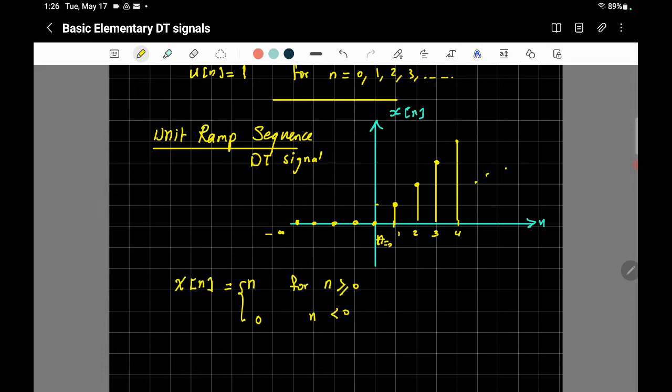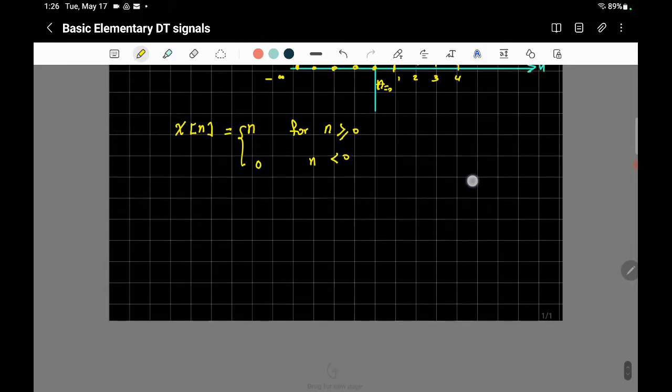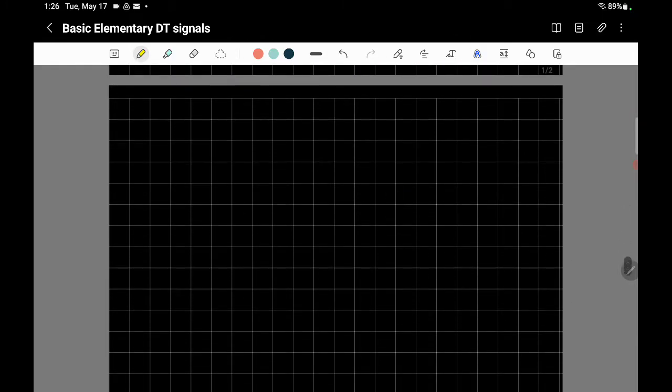All right, let's move to the unit impulse signal. It's the same, right? But how do you express it? So, unit impulse signal, or let us just write sequence.